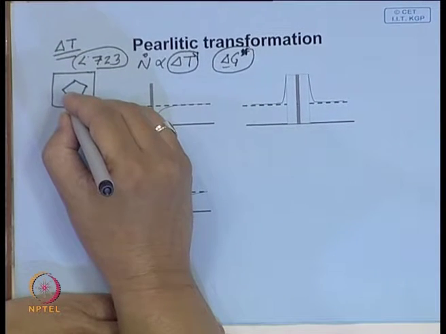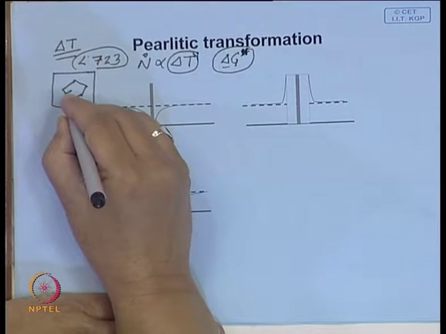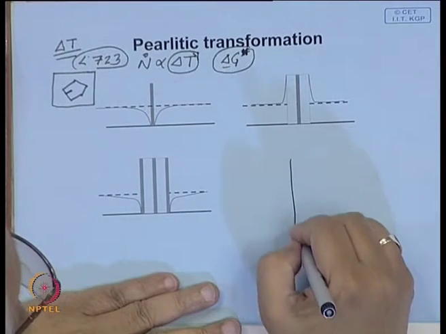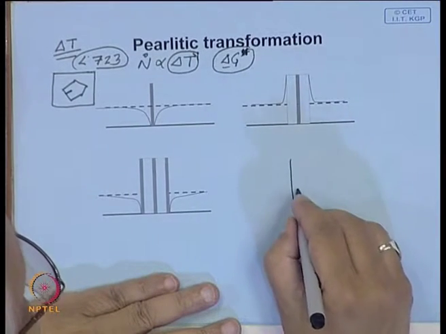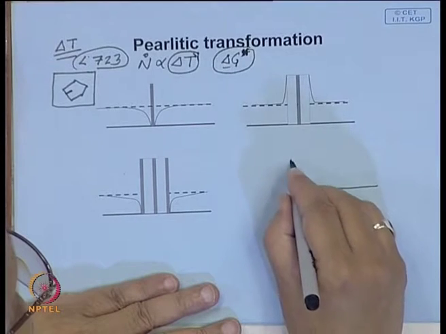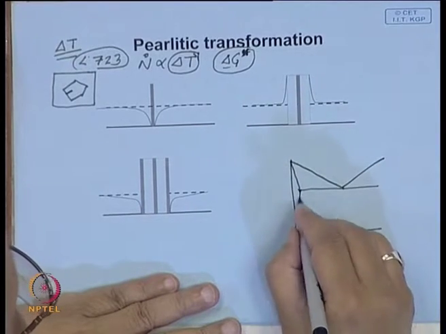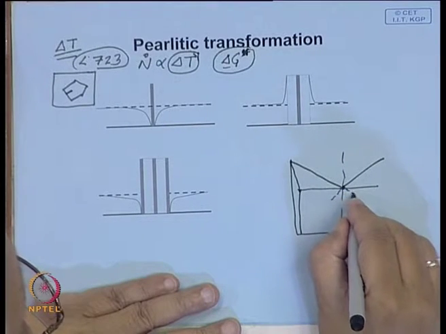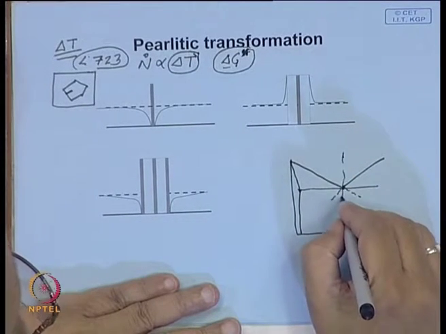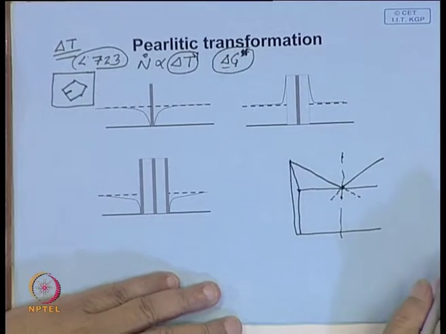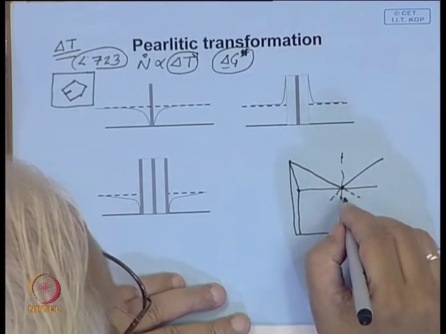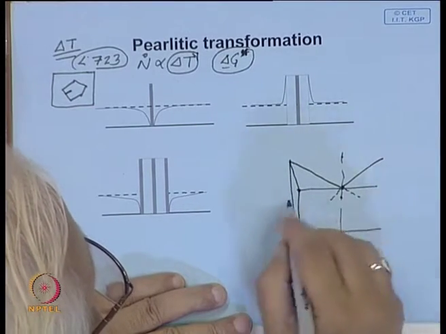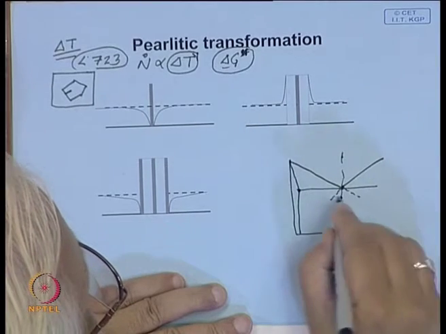So, let us say first a cementite plate nucleates. When a cementite plate nucleates, if you look back at this phase diagram, say if you are looking at that eutectoid steel, you have come over here. Now, look at what will be the composition of cementite which can remain in equilibrium with ferrite.